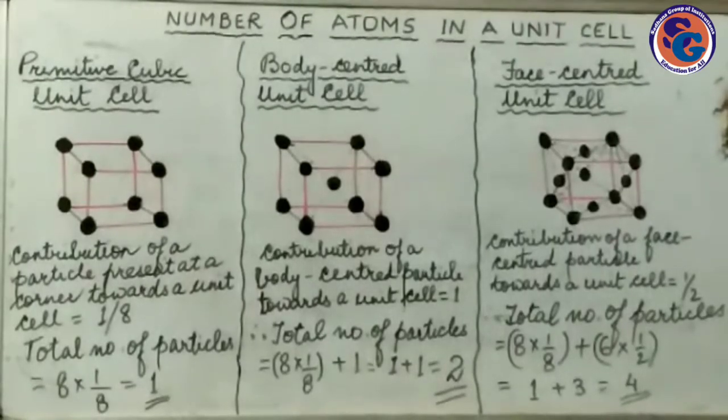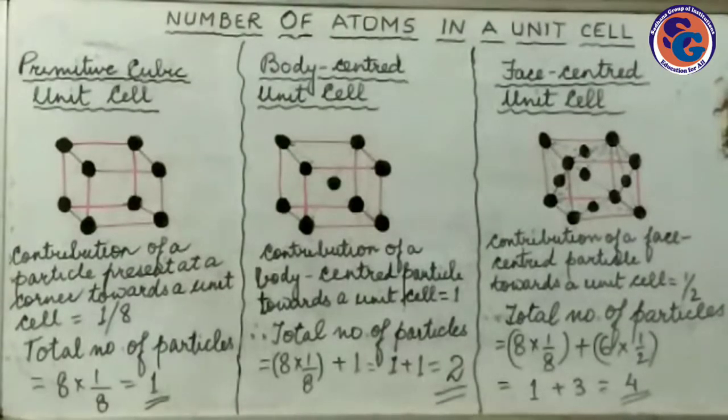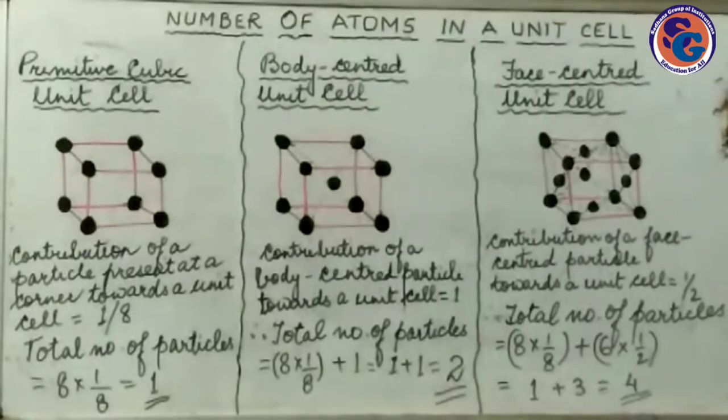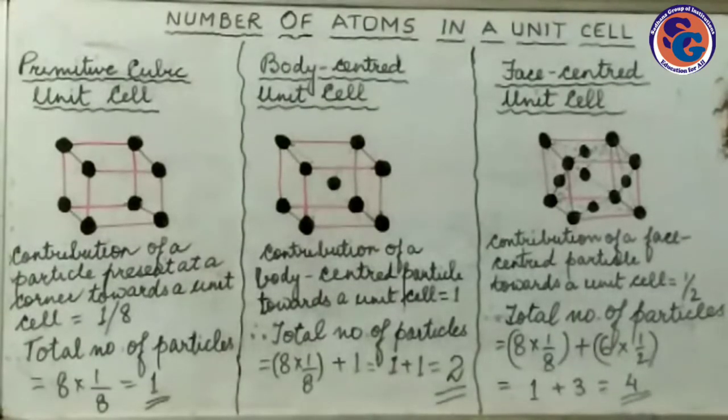So the particles which are present at the corners of a unit cell contribute only 1/8 towards a particular unit cell. That is why the total number of particles for a primitive cubic unit cell is 8 into 1 by 8, that is equal to 1. That means a primitive cubic unit cell has only one atom in it.